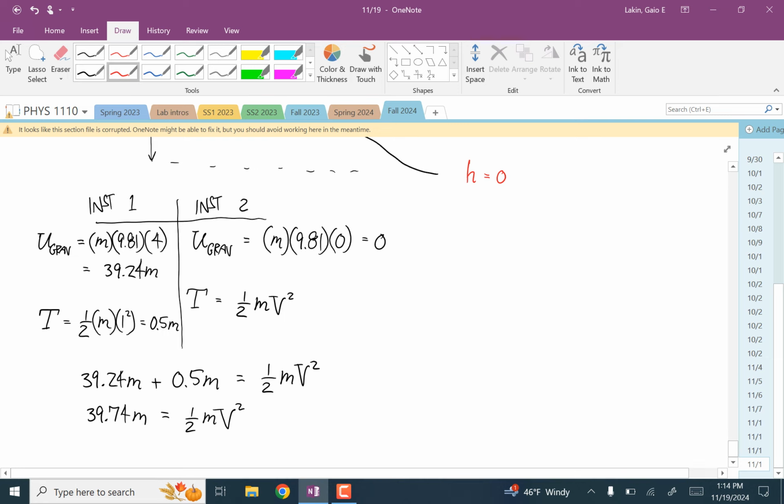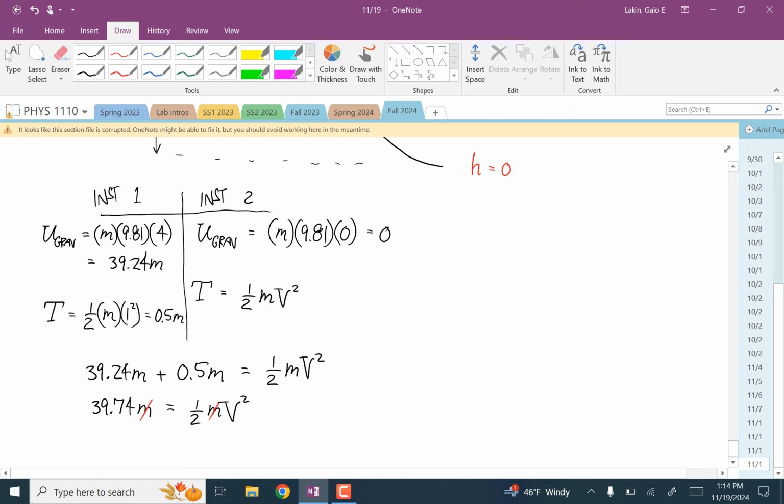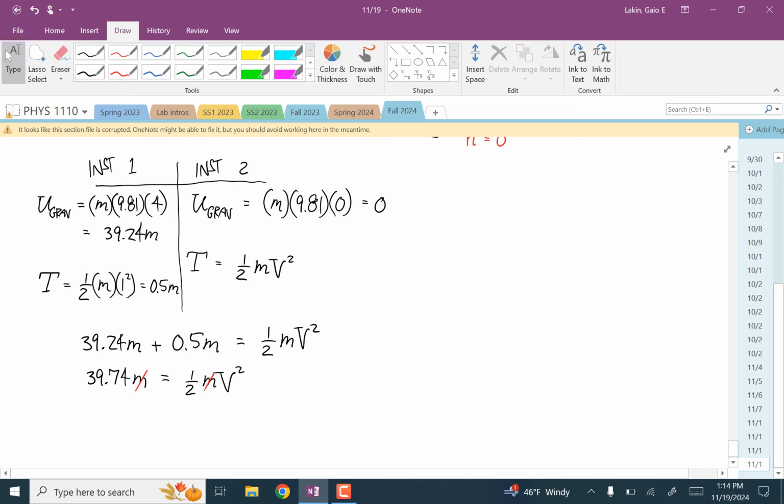Now we can divide both sides by m. And we get v squared is equal to 79.48. I just multiplied both sides by 2.